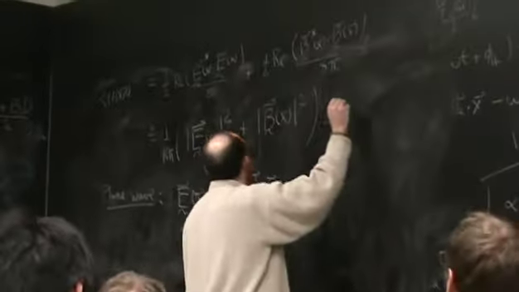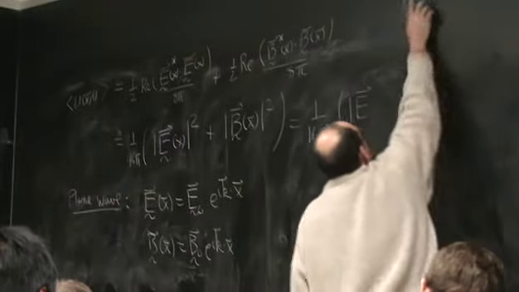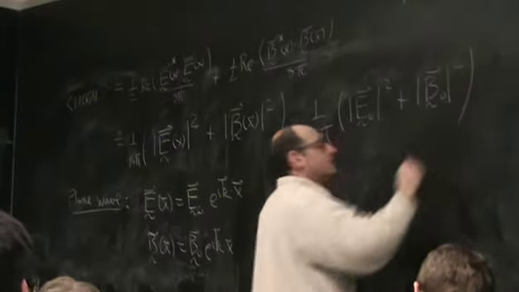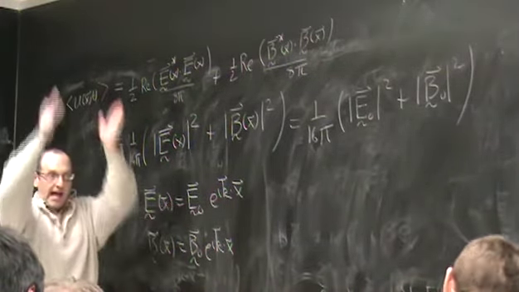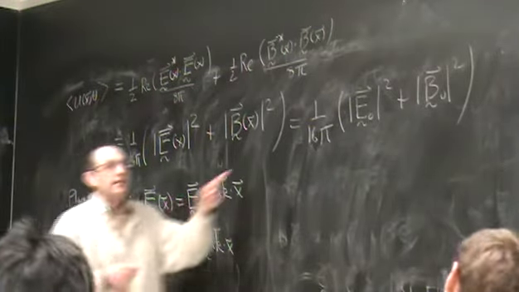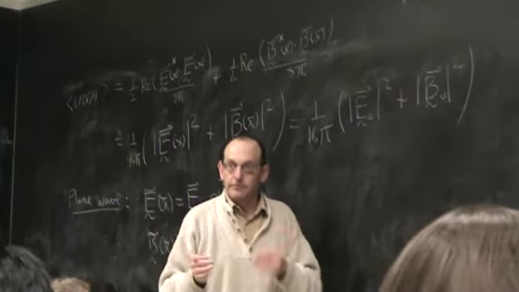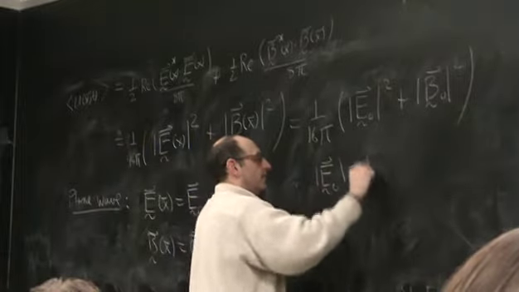And so this is equal to 1 over 16 pi, E0 squared plus B0 squared. The phase cancels; you take the complex absolute value. And what about E0 and B0 for a plane wave? Same thing. Their magnitude is equal. So in a plane wave, which is what we're talking about, the magnitude of E0 is equal to the magnitude of B0.